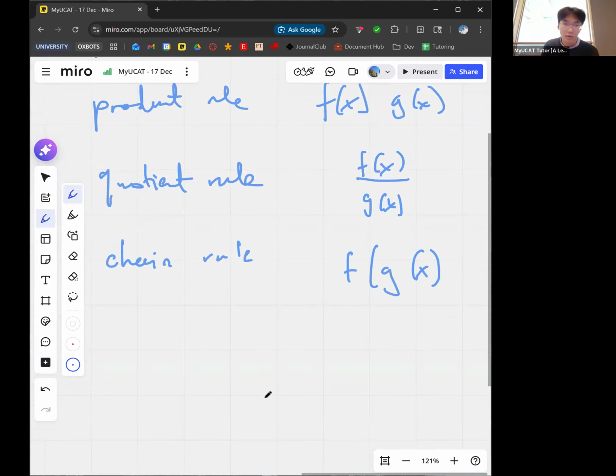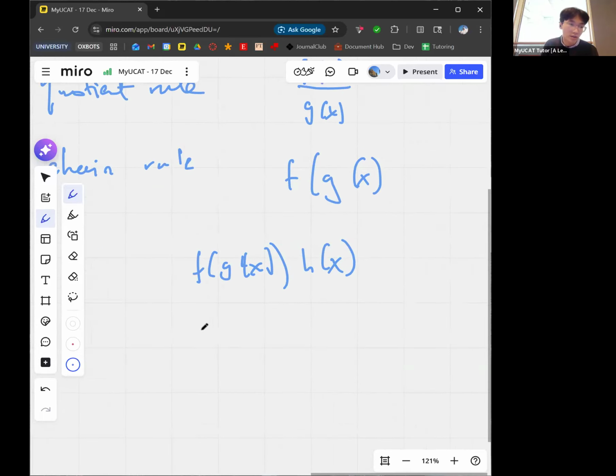And you can have three functions that could be like f of g of x multiplied by h of x, right? And these are probably two different functions. You could have something like cos of x squared multiplied by 2x. If you're differentiating this, take it in steps, right? Take it in the larger step.